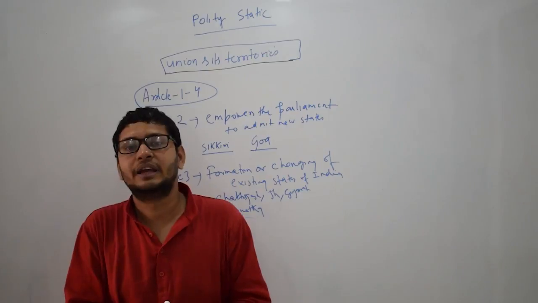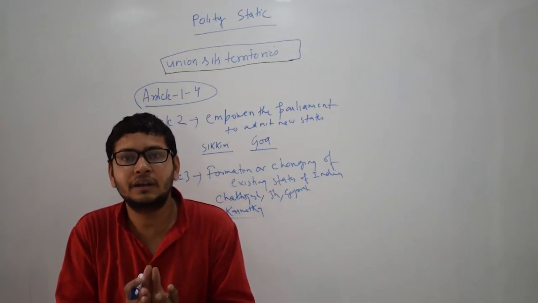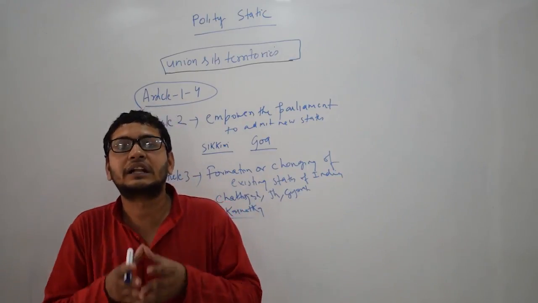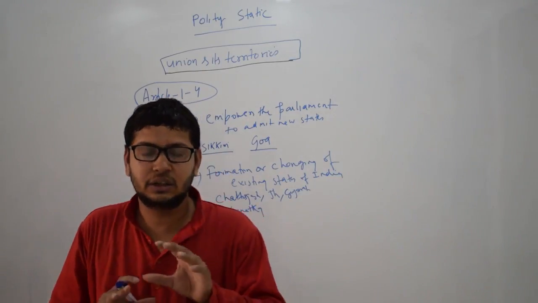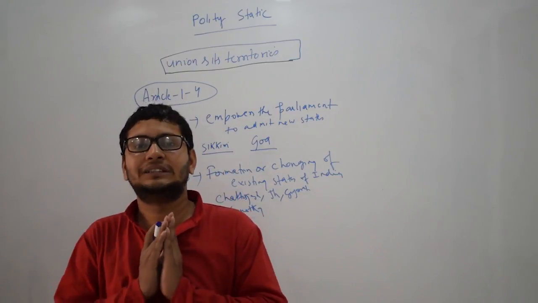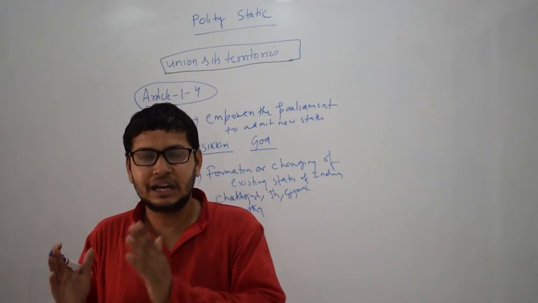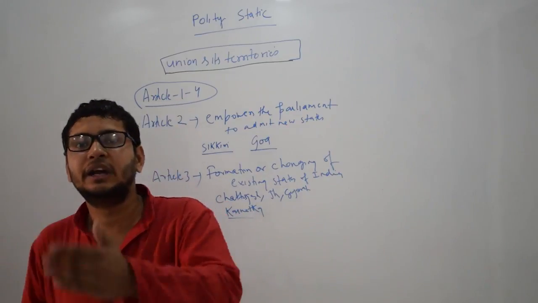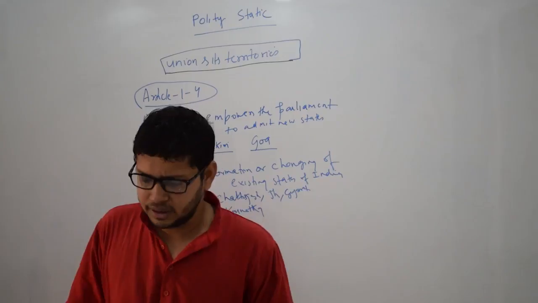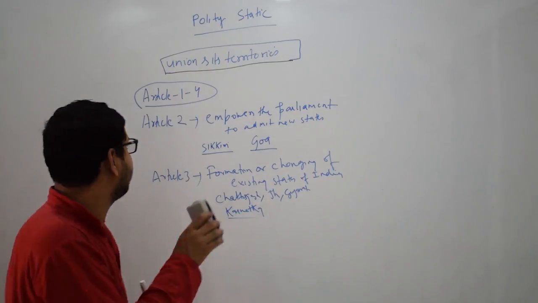But in India, it's an indestructible union of destructible states. That is the saying that the union cannot be destroyed. No state can secede, but yes, states in India could be subdivided into smaller states with just a simple majority, right? Now let's deal with Article 4.